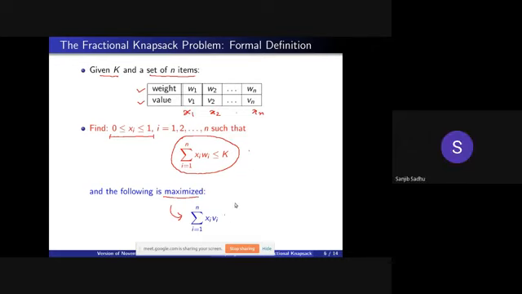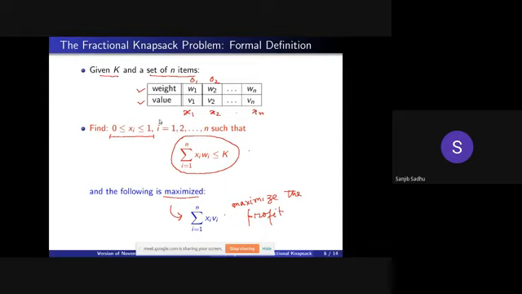Maximize means you have to maximize the profit. So what is the profit? If you take the entire object 1, you get v1; for object 2, v2. Now if you take x1 fraction: if x1 is 1, its value is v1.